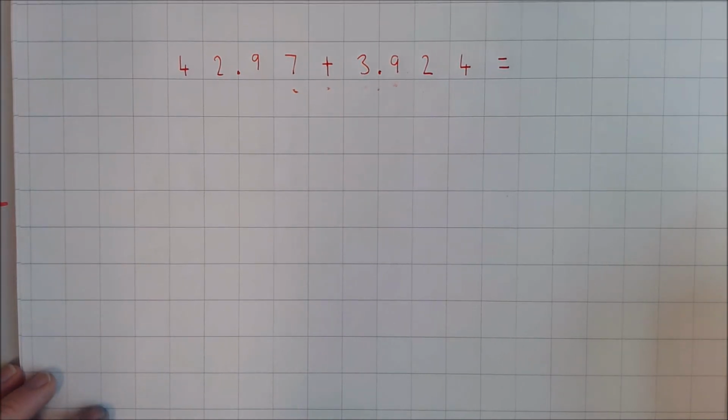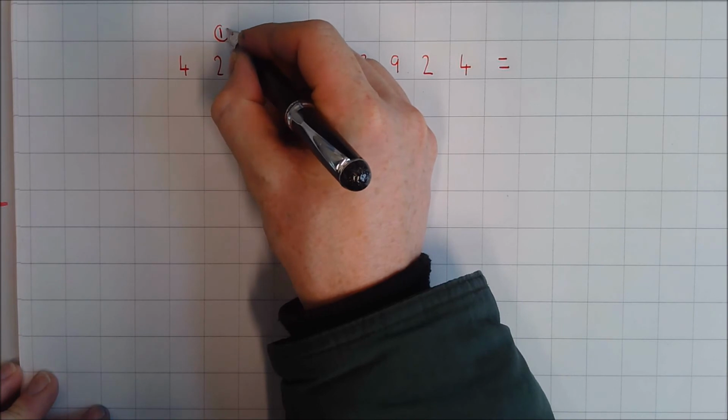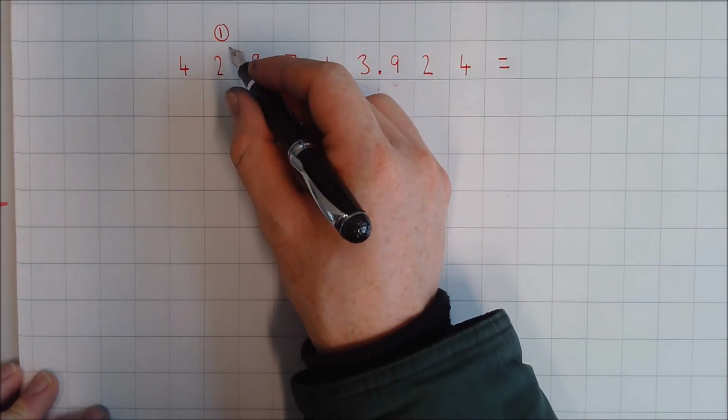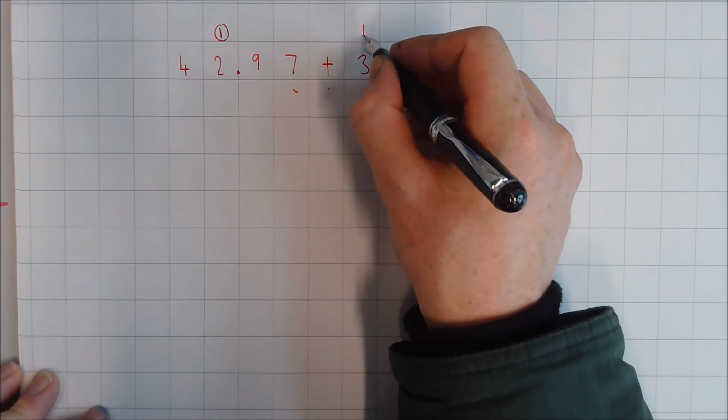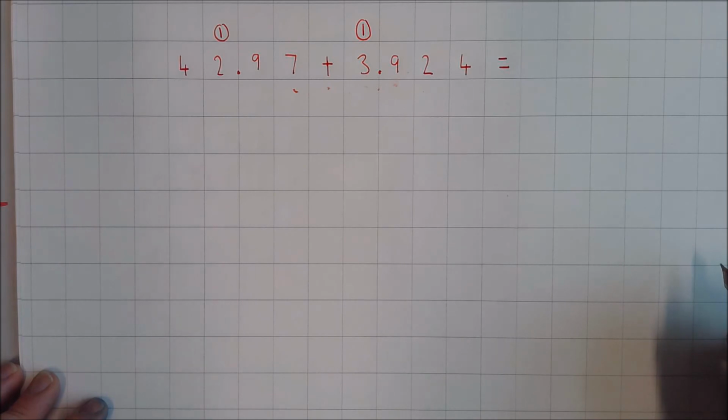So what is a really good first step is to identify or locate where our ones column is in each number. And our ones column is always going to be one place to the left of the decimal point, or straight to the left. Now we've identified those two columns, we know which we have to line up.